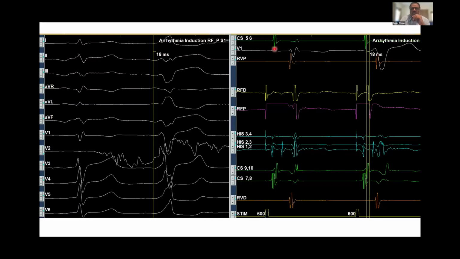So here we have a situation where we have paced the atrium at a drive train of 600 milliseconds. And we have shown that this conduction is happening to the node: atrial event, His bundle activation, ventricular event.